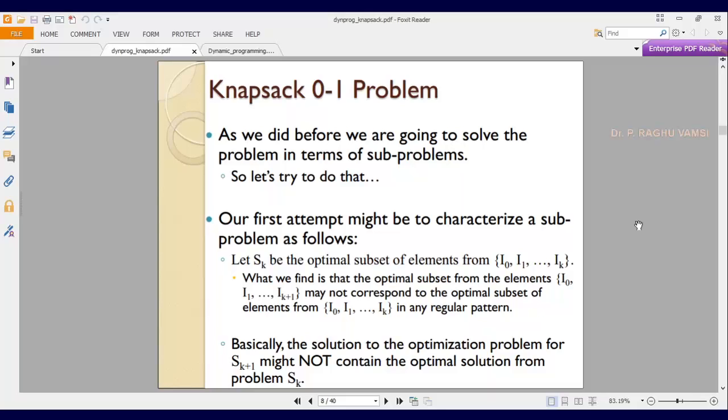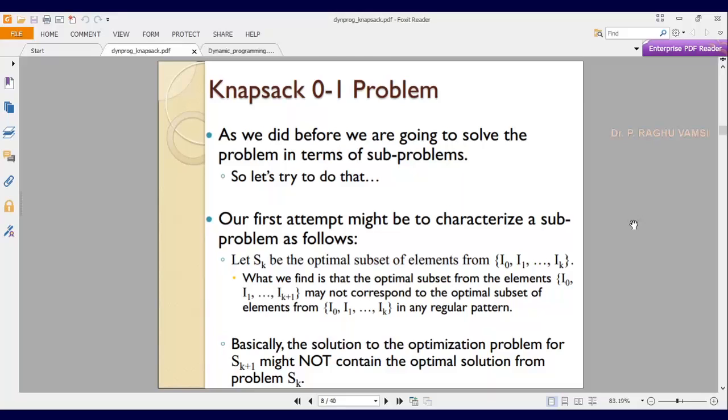What we find is the optimal subset of the elements I0, I1, and so on up to Ik plus 1 may not correspond to the optimal subset of elements from I0, I1, I2, and so on up to Ik in any regular pattern. So basically, the solution to optimize the problem for Sk plus 1 might not contain the optimal solution from the problem Sk.